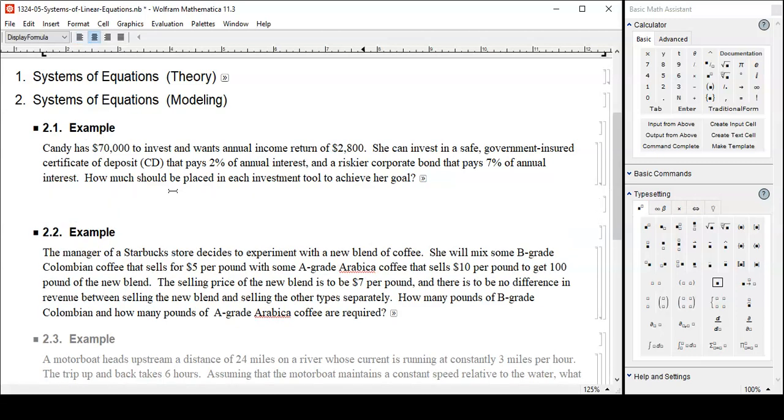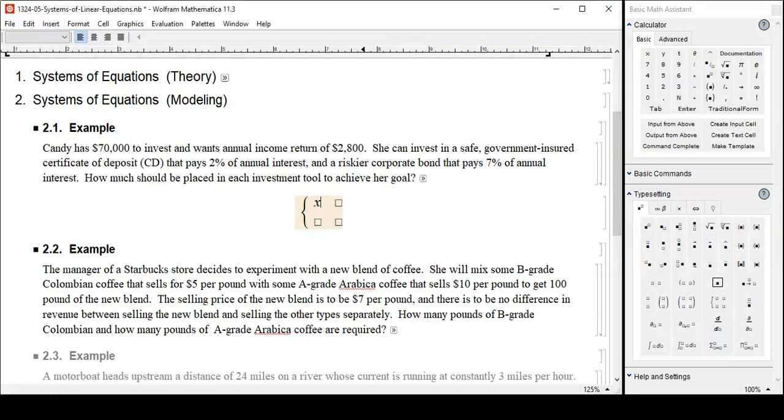We are in this kind of situation: X plus Y equals something, and then that equals something else.